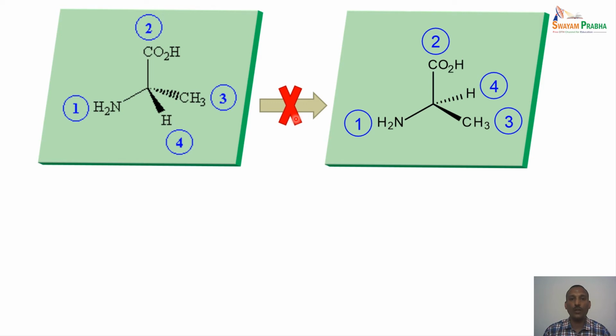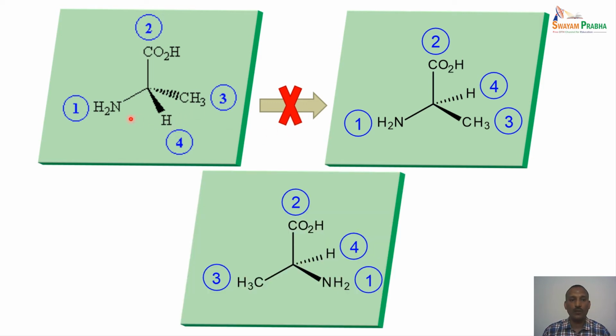So how can we do that? Another way is to move all three groups simultaneously. This one has to move towards the right hand side. From here it had come to the front. Simultaneously the hydrogen has to go back. So hydrogen went back, and the methyl group, which was behind, comes to the place of NH2.